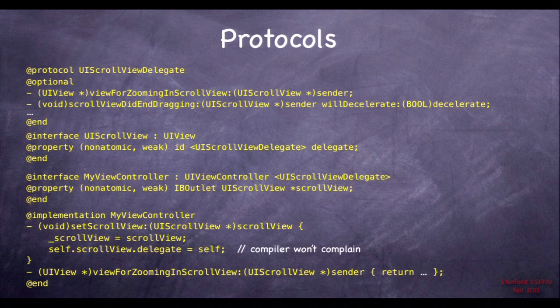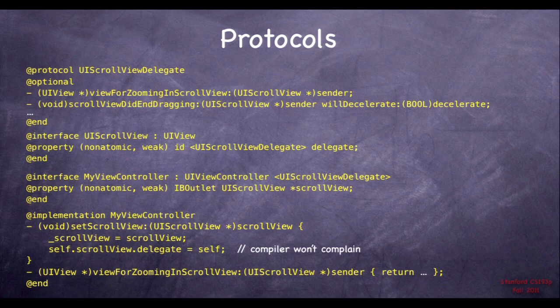And then let's say we have a class that wants to use a scroll view in this way. I'm going to call it MyViewController. Notice that MyViewController declares that it implements the UIScrollViewDelegate protocol, in its @interface. You see that very first line there. And it has, let's say, an outlet that points to a scroll view in its view somewhere, and it wants to be the delegate of that scroll view, so that when things happen in that scroll view, it gets delegate messages.